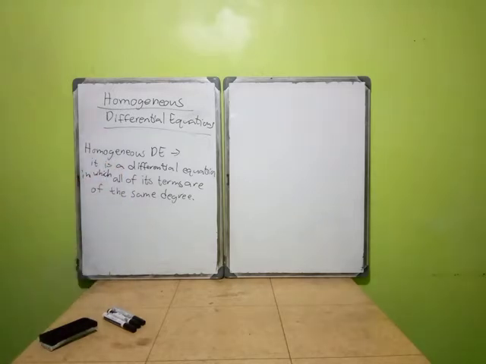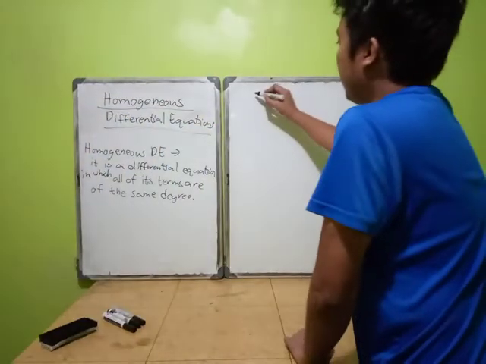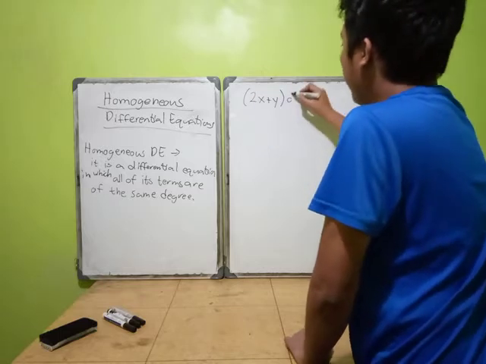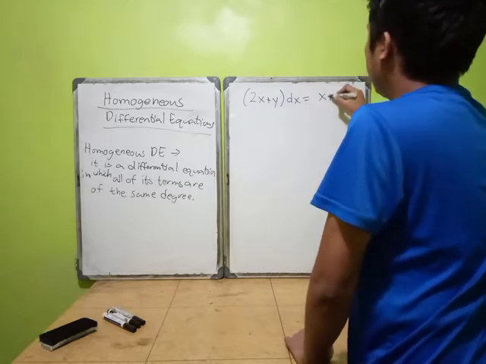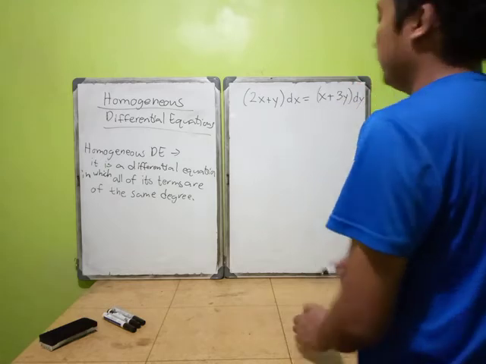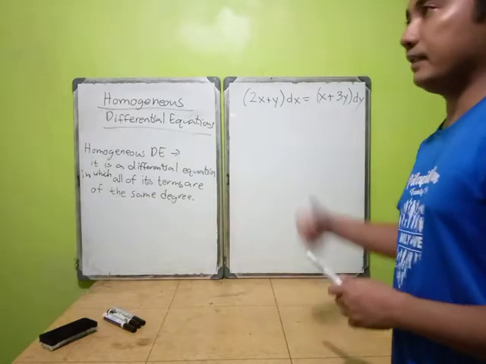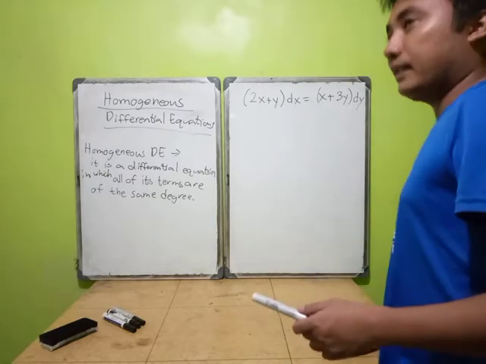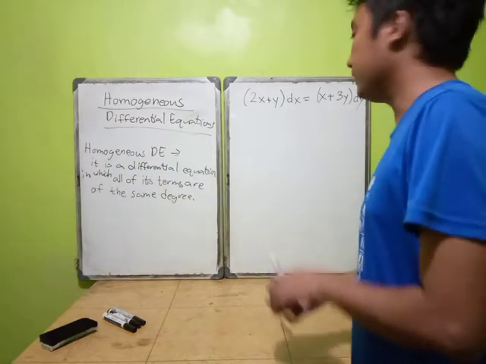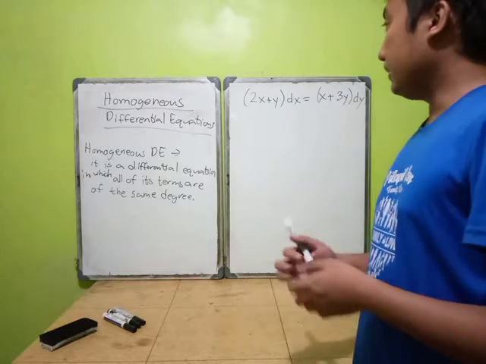Okay, so paano natin malalaman na bawat term niya is of the same degree? Let us have an example. Let us consider this one. When we say same degree, sa introduction natin sa differential equation, nalaman natin kung ano yung degree.